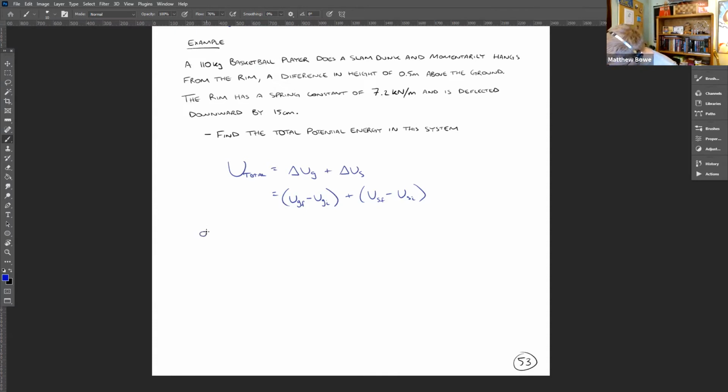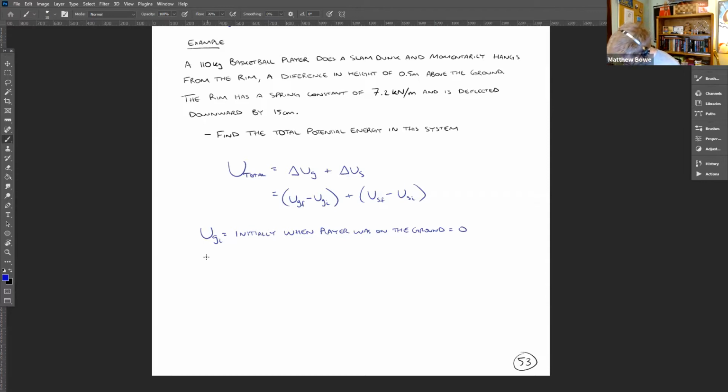So the initial gravitational potential energy, when the player was on the ground, equals 0.